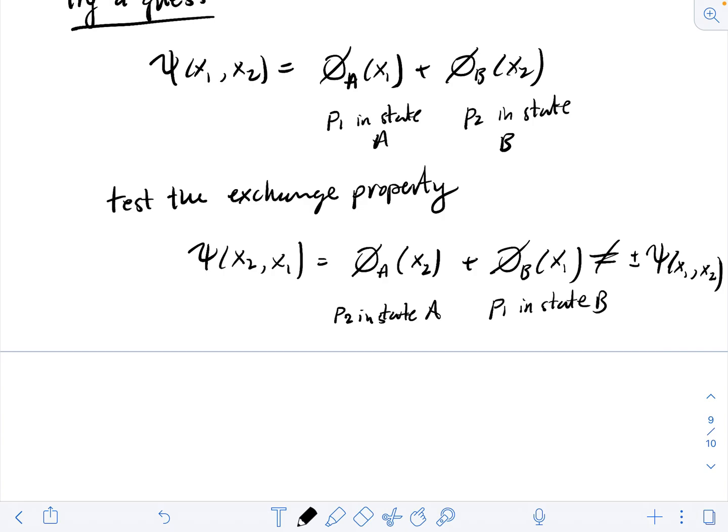Right, because we wrote down what these wave functions look like, and if we have the two particles in different states, then we don't have the original wave function. And so this fails the exchange test.